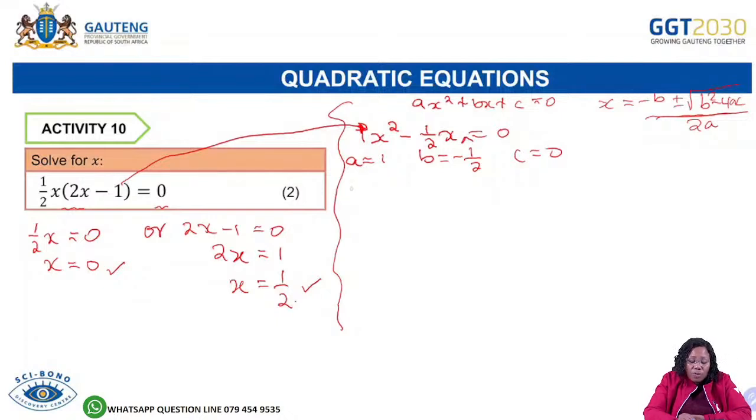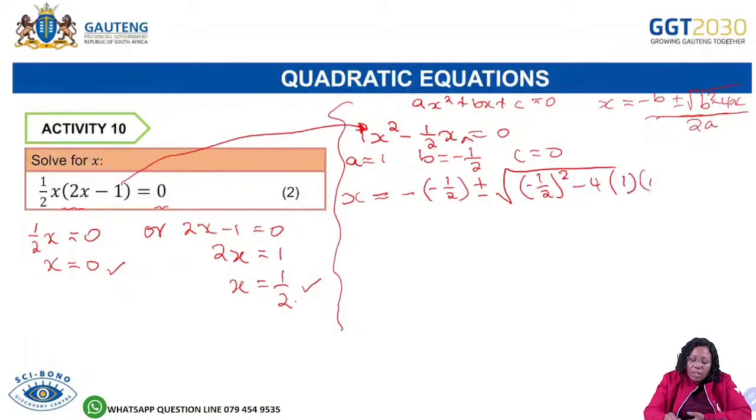And then you can now use your quadratic formula and substitute. Our b is minus half, plus or minus the square root of minus half squared minus 4, a is 1, and c is 0 there, and then all over 2 times a, which is 1.